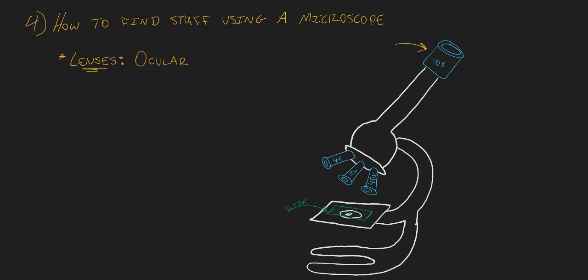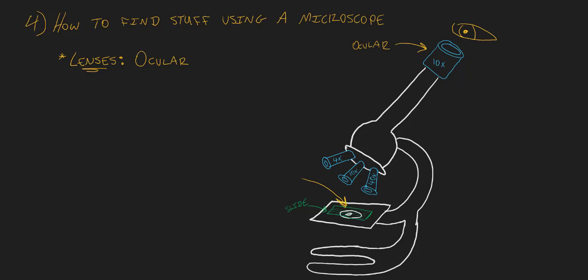So this is the ocular lens on this particular microscope, and it's the one that goes right next to your eyeball. So this is what you would actually be looking through if you were using this microscope. Ocular means eye. But the next type of lens that's important is the one that's next to the object that you're looking at.